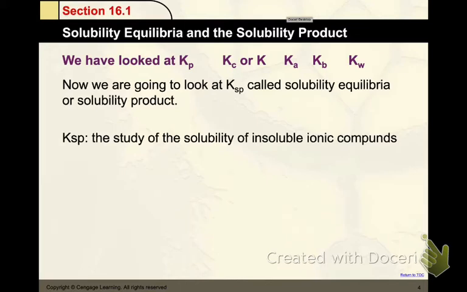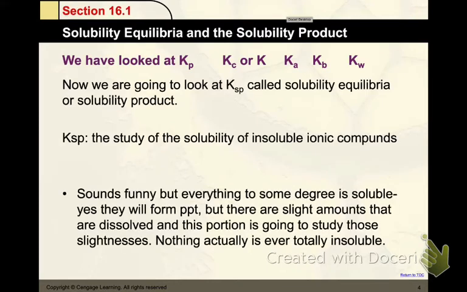So it's kind of the study of what actually dissolves or what actually breaks up into ions of these things that we call insoluble ionic compounds. That does again sound kind of weird because we're talking about something that is mostly a solid, but everything does, even these insoluble ionic compounds, do form slight amounts of ions in solution before they reach equilibrium.